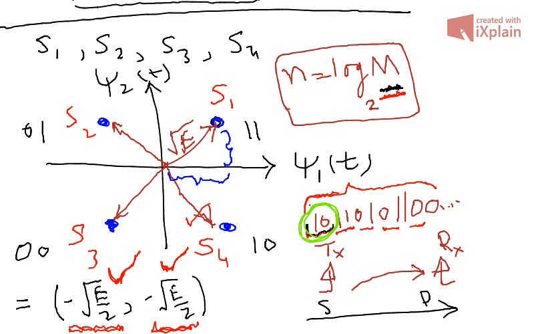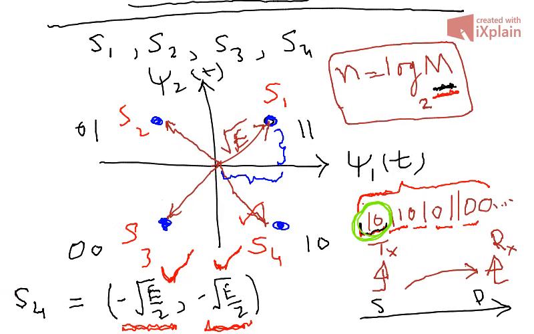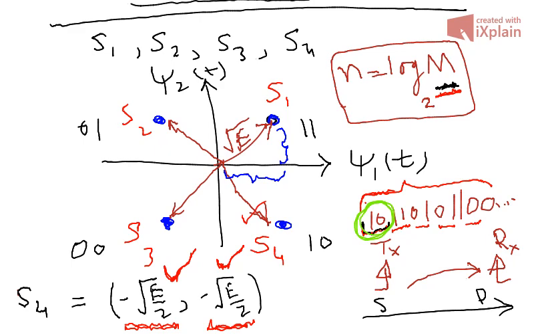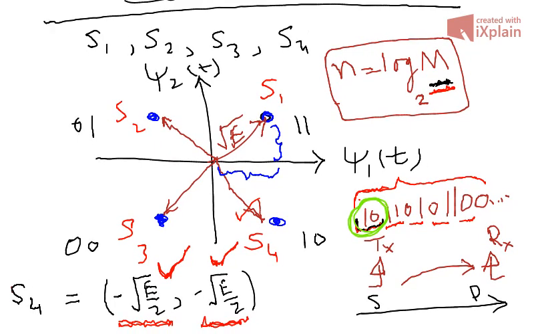Another important property of this constellation is that all the four signals carry 2 bits. S1 carries 2 bits, 1 1, S2 carries 2 bits, 0 1, S3 carries 2 bits, and S4 carries 2 bits.